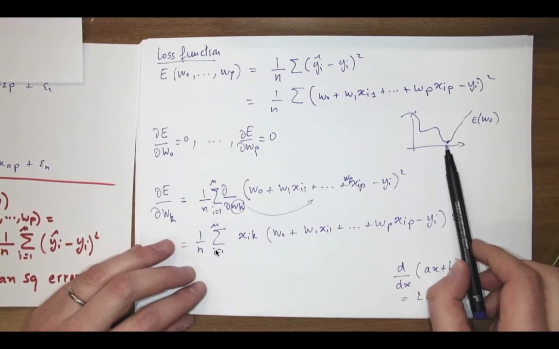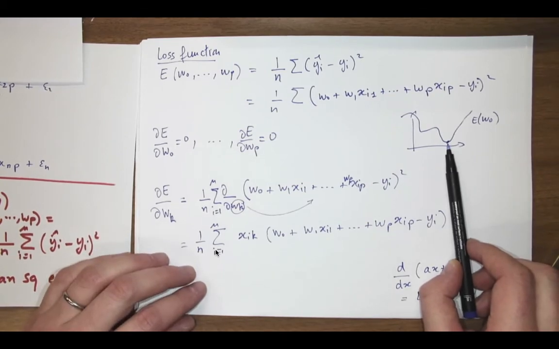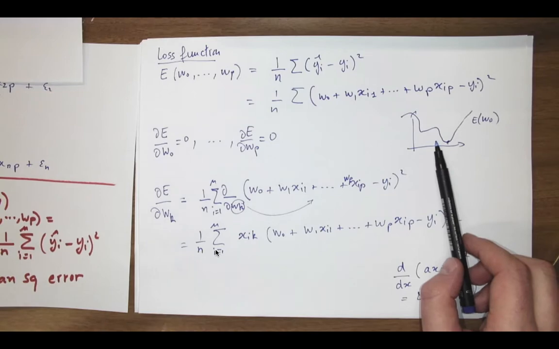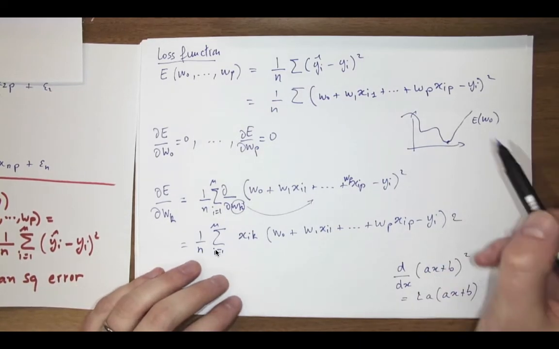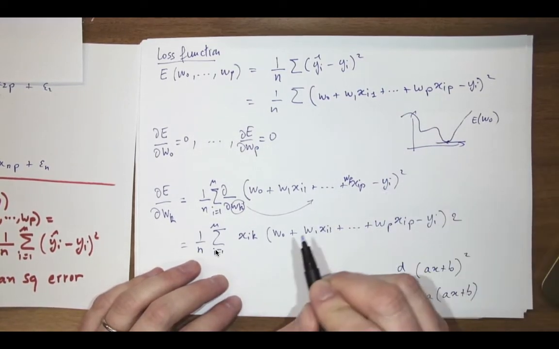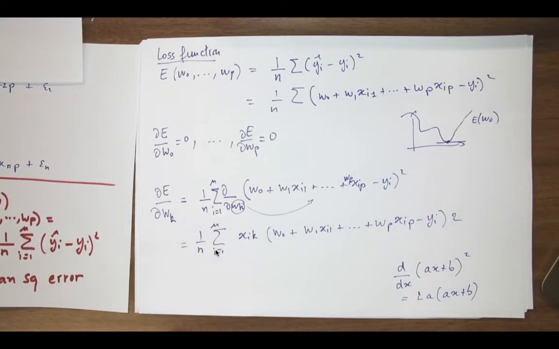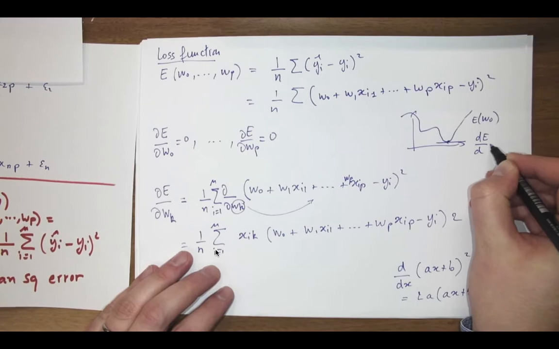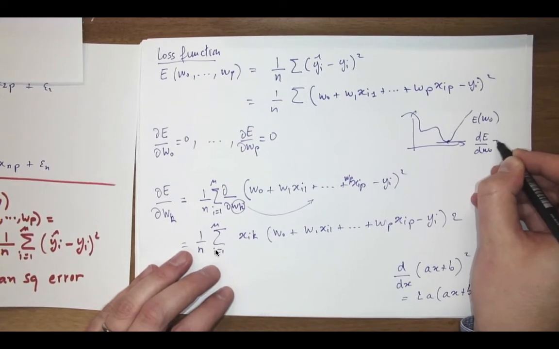At some point, it reaches the minimum. Here, it has to go down and then go up again. And if you look here, the slope has to be horizontal. So at that point, the derivative of that function is 0.